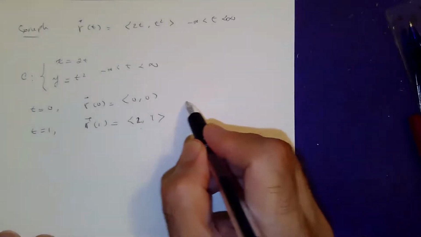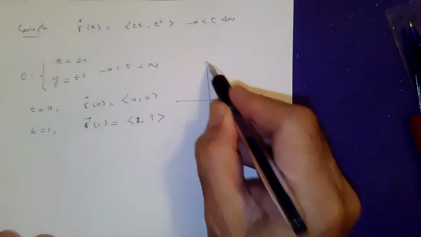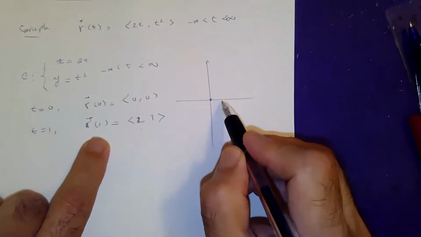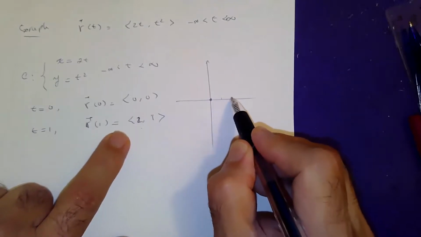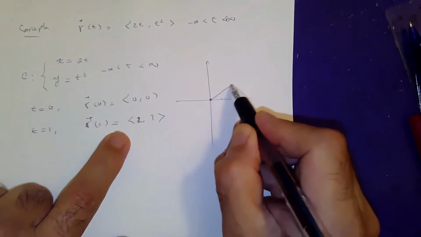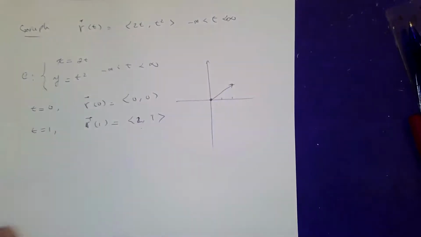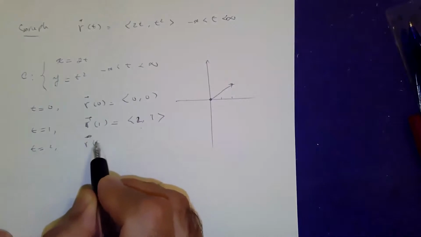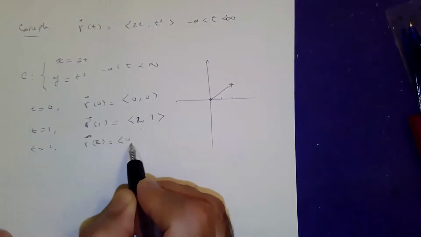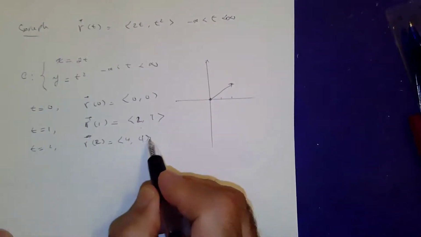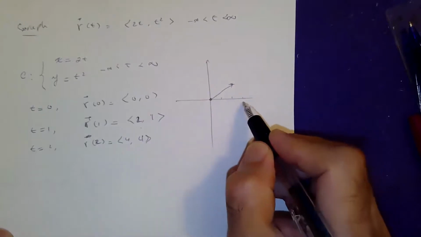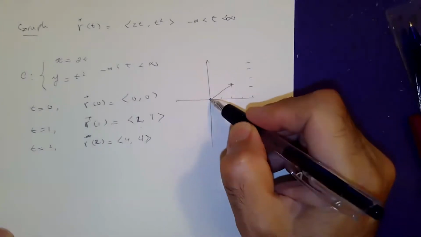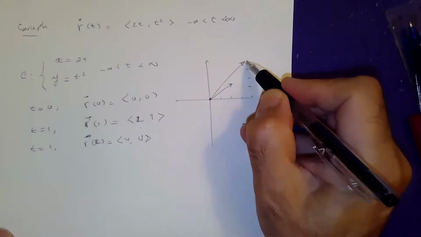In other words, this is what's happening. So at 0, we are here, but 1 second later, the object is right here. 2 seconds later, the object is at 4, so you go 1, 2, 3, 4. 1, 2, 3, 4 is right here.